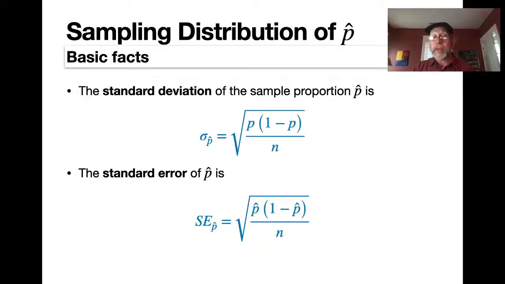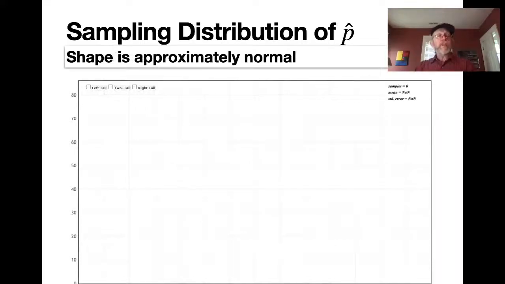What about the shape of the sampling distribution? Well, it turns out that the shape of the sampling distribution of a sample proportion is approximately normal. And this approximation gets better as the sample size gets larger. I'm going to show you a few screenshots here from a simulation in which I'm going to take repeated samples of size 1255 from the population, compute a sample proportion, and then throw that sample proportion into a histogram.